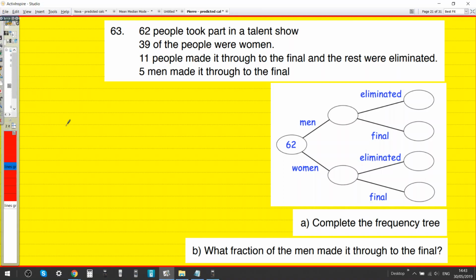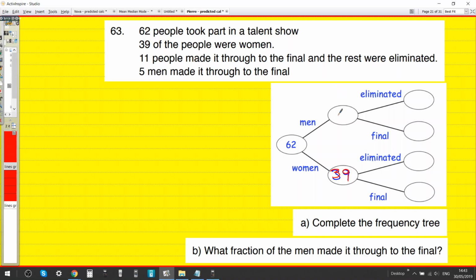So it's a frequency tree, so in that case it would just be 39 for women. For men, to find out what the men is, it would just be 62 take away 39. So it'd be 23 for the men.